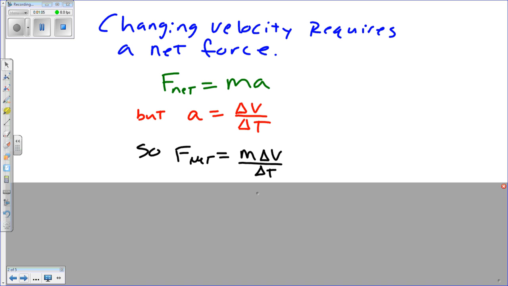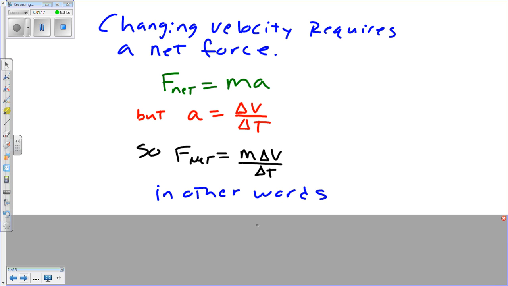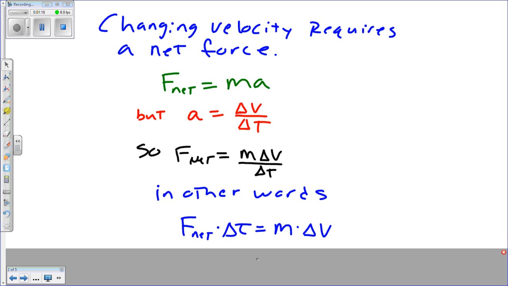So far so good. I basically just took the delta v over delta t, put it in for a, and this is what we get. Now, that's not as useful as other things. So let's move down. In other words, the net force times the time is equal to the mass times the change in velocity.